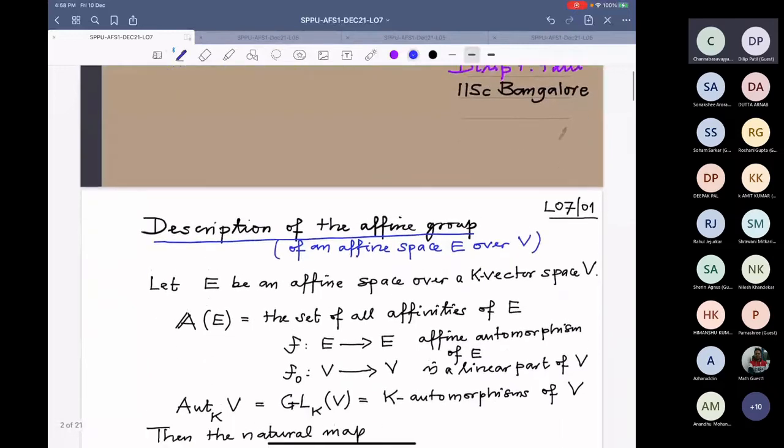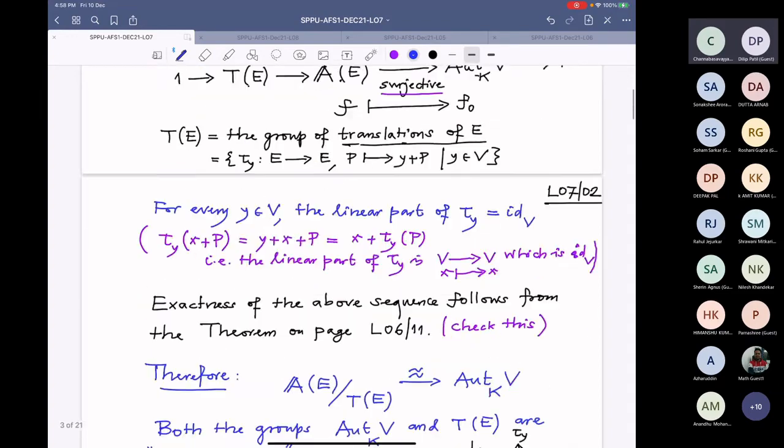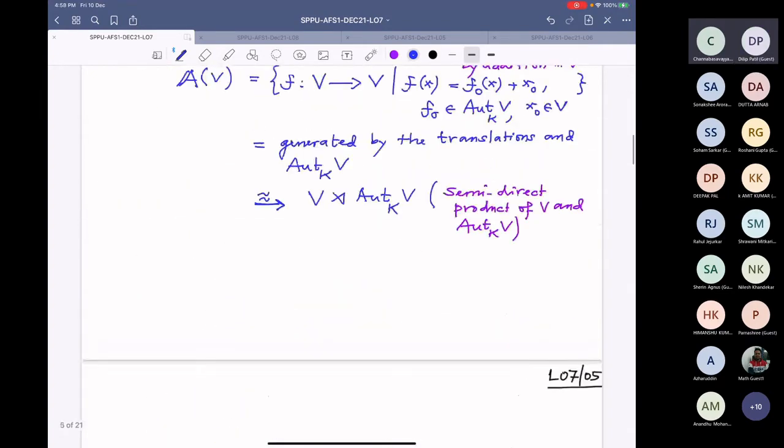I said this group is different from the automorphism group of the V plus space, because that gives you only the additive operation.